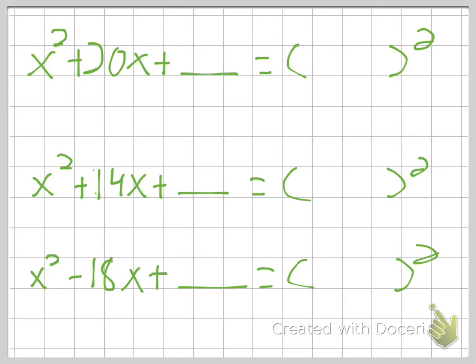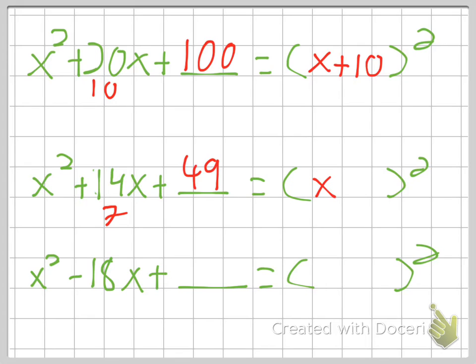Some people like to put the 10 over here, just to keep track of things. You can do that, you don't have to. 10 times 10 is 100, and I make it x plus 10 squared. And half of 14 is 7. 7 times 7, 49, becomes x plus 7 squared. Half of negative 18 is negative 9. I square this to get positive 81. And I do x minus 9 squared.